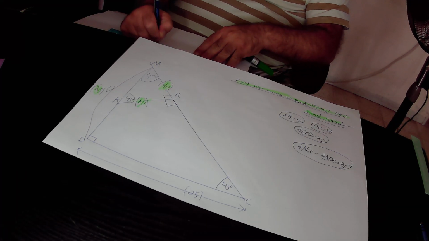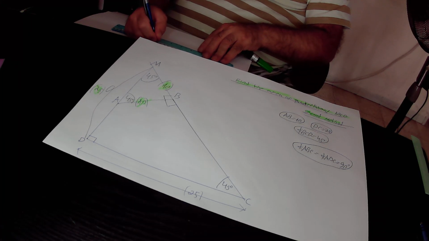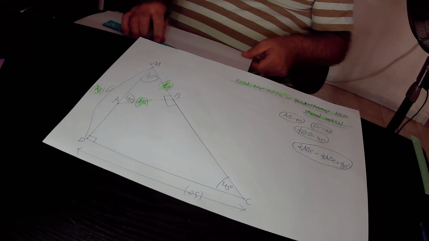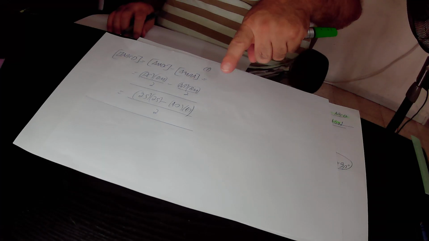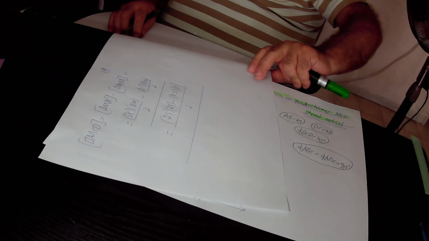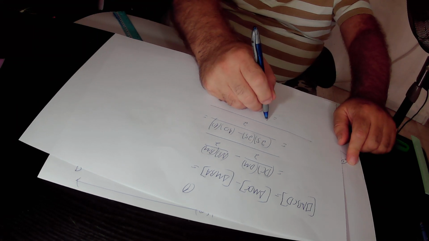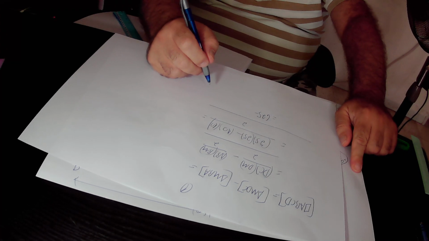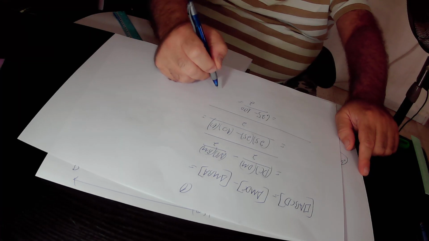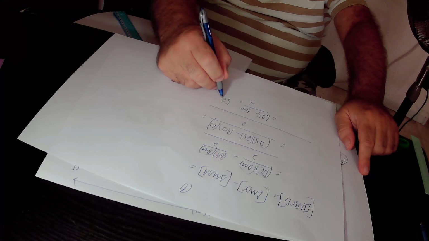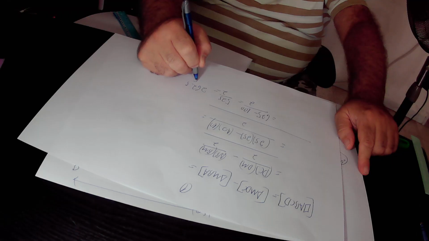So in total we found that the area of quadrilateral ABCD is equal to 25 times 25 minus 10 times 10, all divided by 2. 25 times 25 is 625, minus 10 times 10 is 100. 625 minus 100 is 525, over 2. 525 over 2 is 262.5 square units.